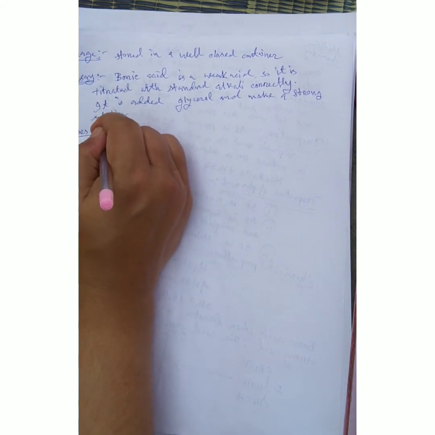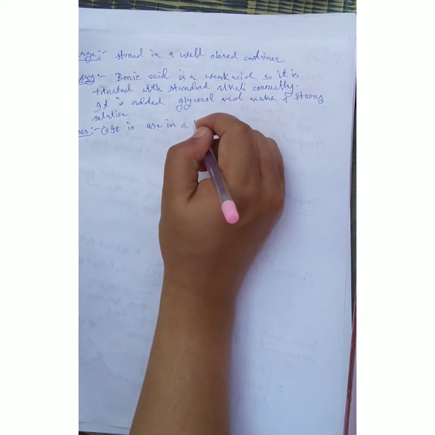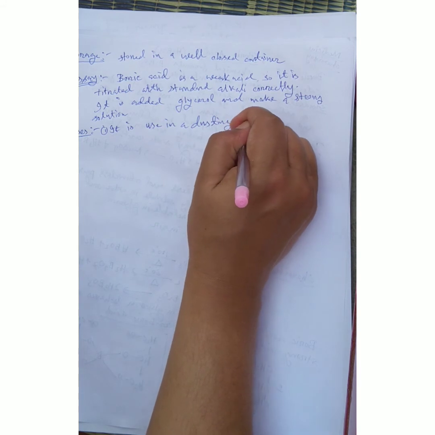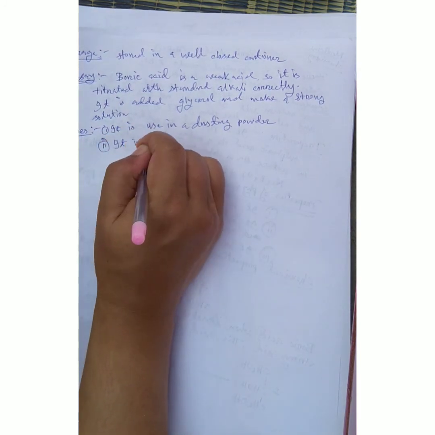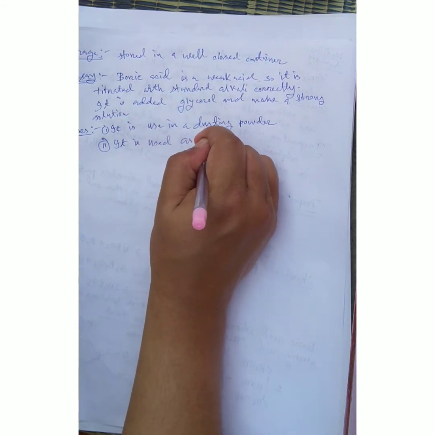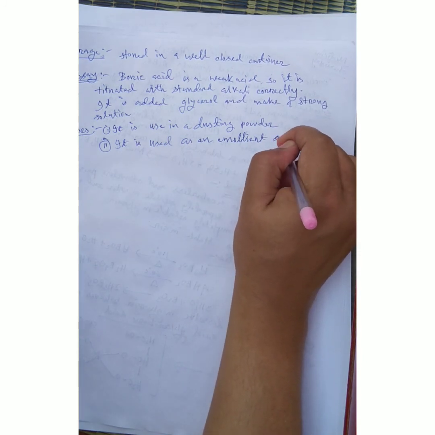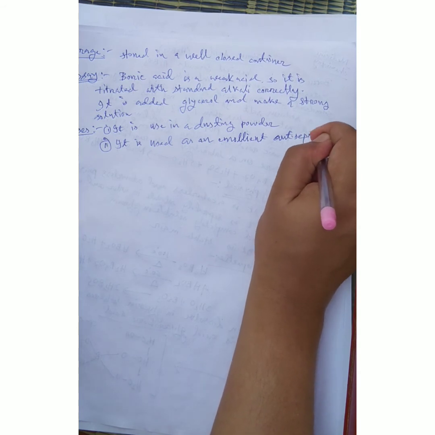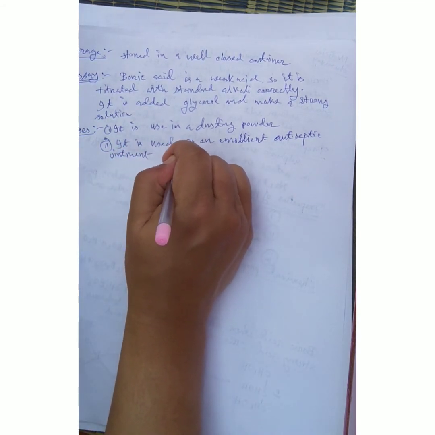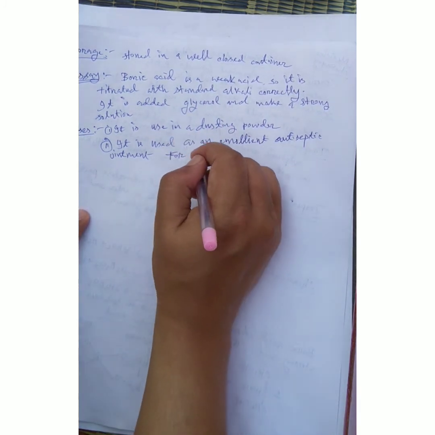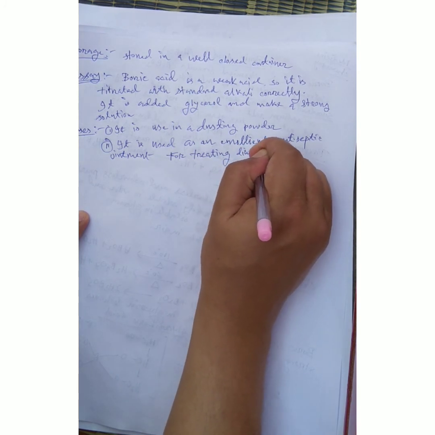It is used in dusting powder. Number 2, it is used as an emollient, antiseptic ointment for treating diaper rash.